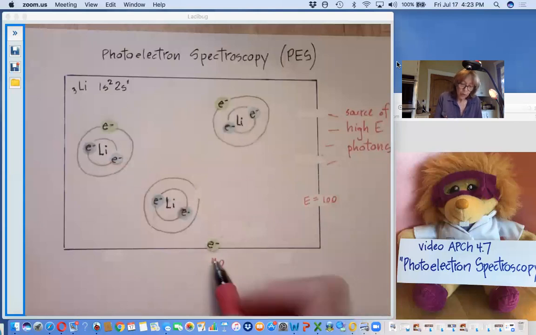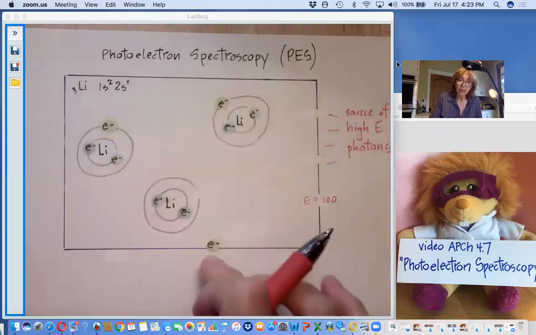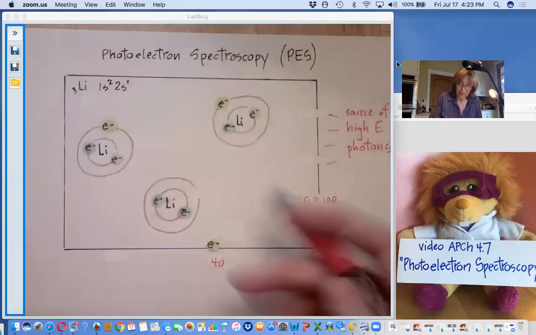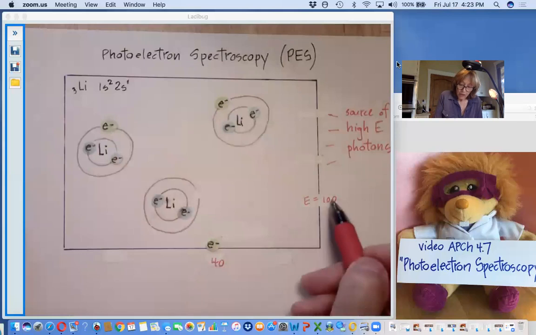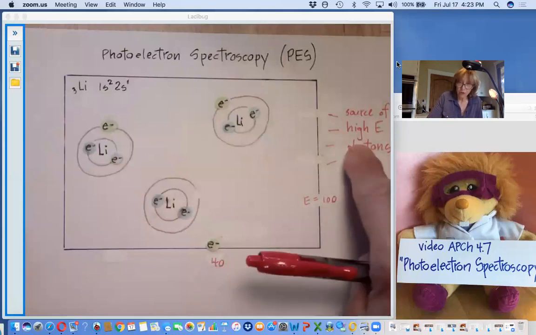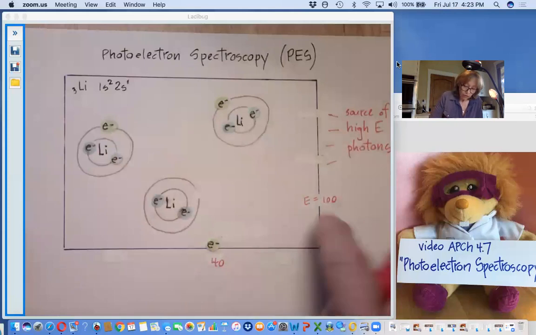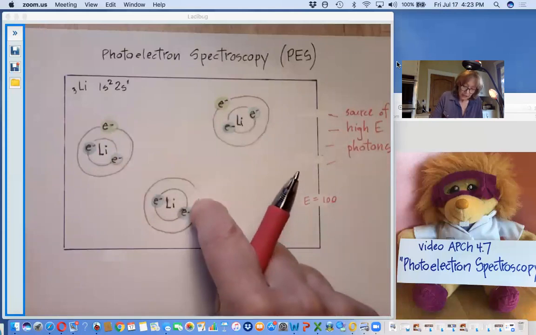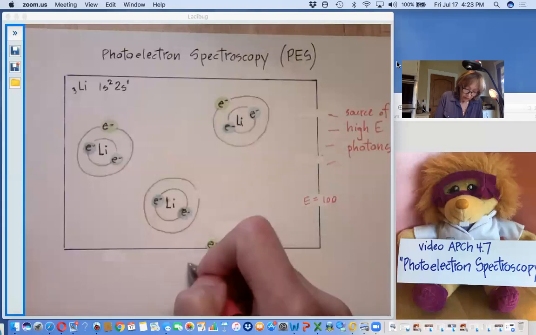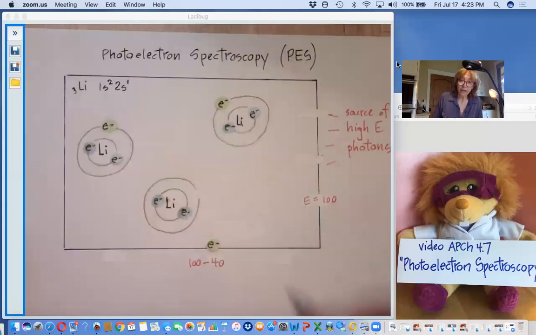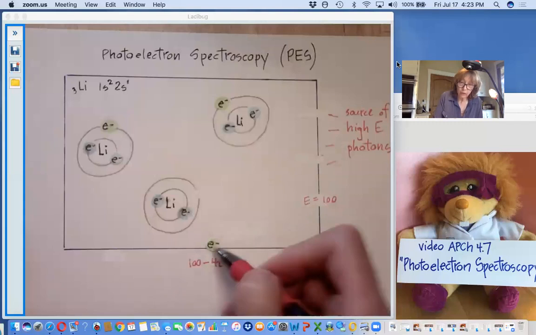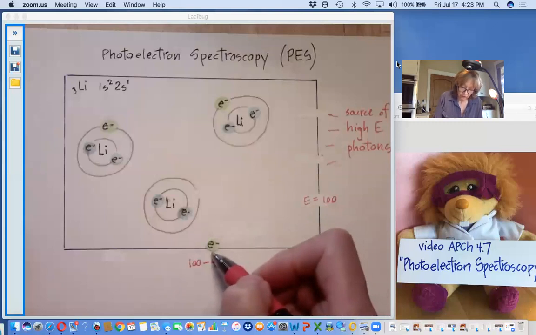Okay, now here's what the PES machine interprets that as. 100 is the value of the photon, that's known, and it strikes the electron. It uses some of that energy to remove the electron, and whatever's left over is recorded when the electron strikes.